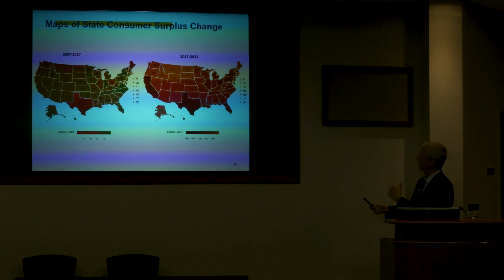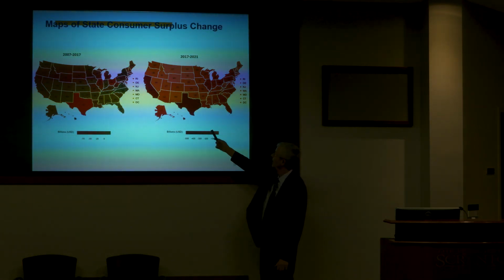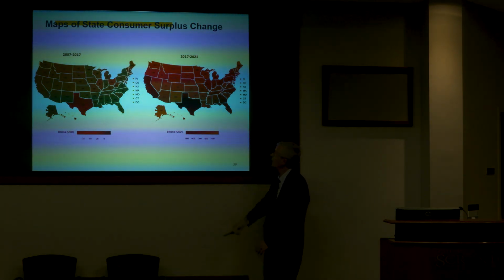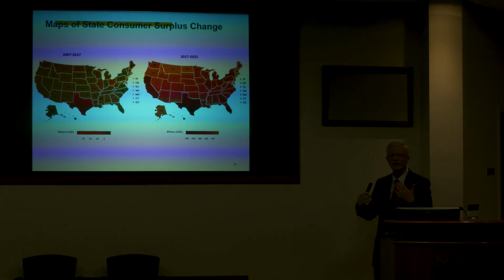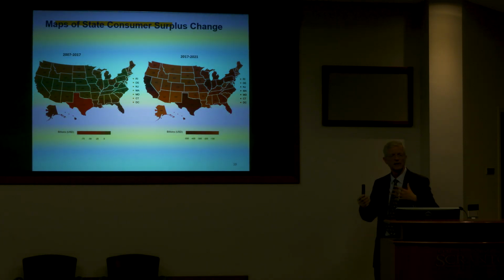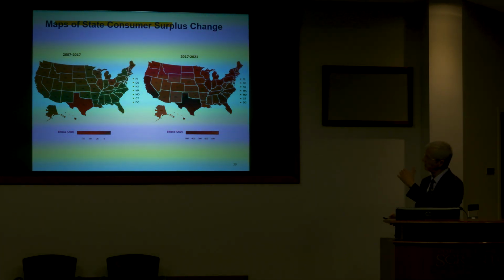That's the Trump tariff. Most consumer surplus, therefore, is going down. Texas and California show up as the biggest just because they have the biggest population. I haven't corrected for state size here, right? I could do that, but I just haven't done that. So there's the change in consumer surplus state by state.